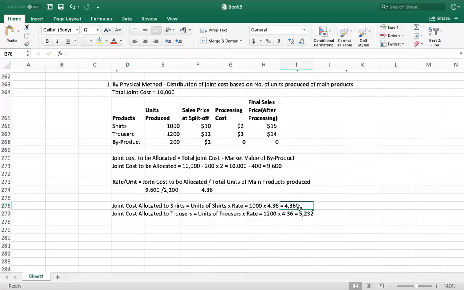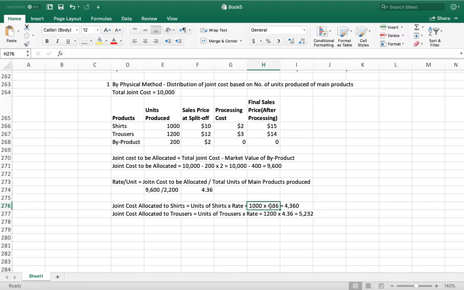If you add these two, 4,360 plus 5,232, it gives approximately 9,600. You may find some difference of 5, 6, 7 or so. That is okay. But if you take the rate up to 4 decimal places, you will not get any difference and you will get the exact value.